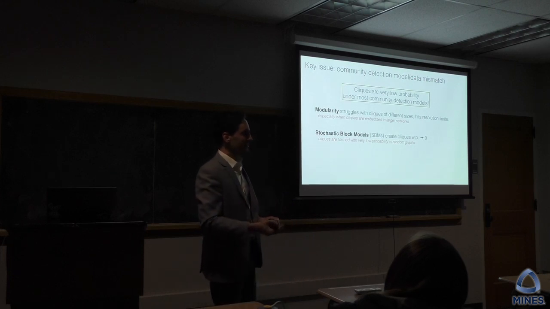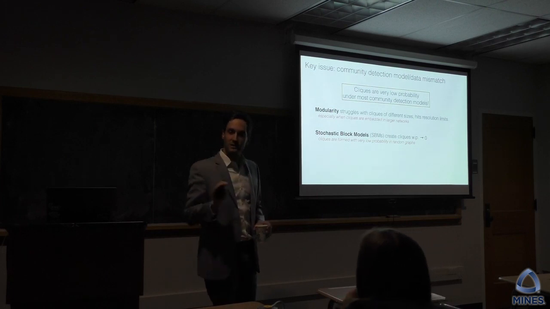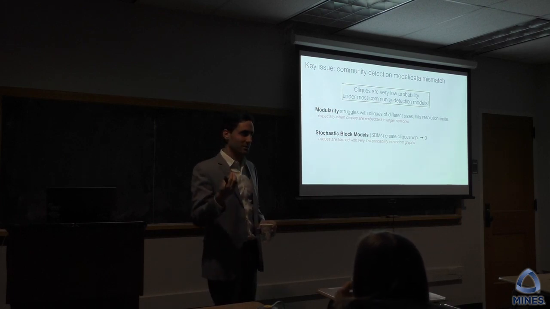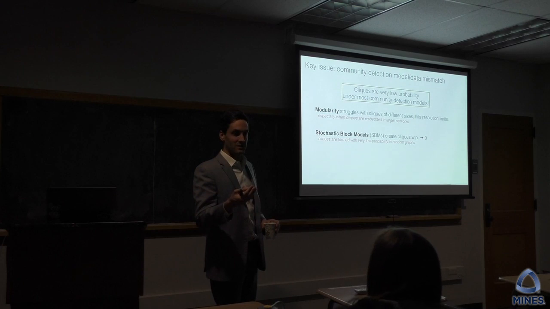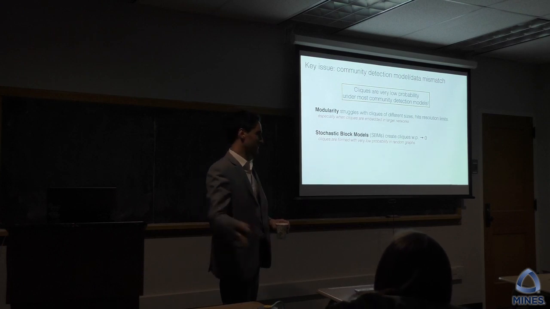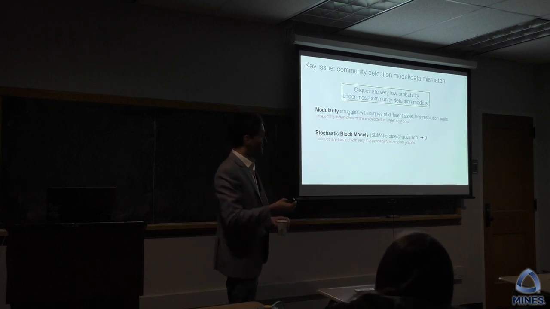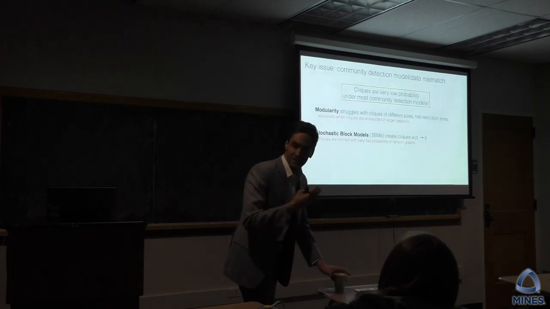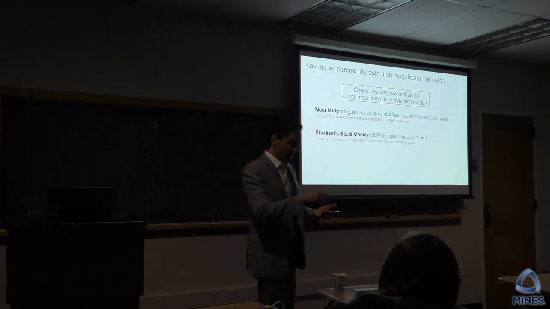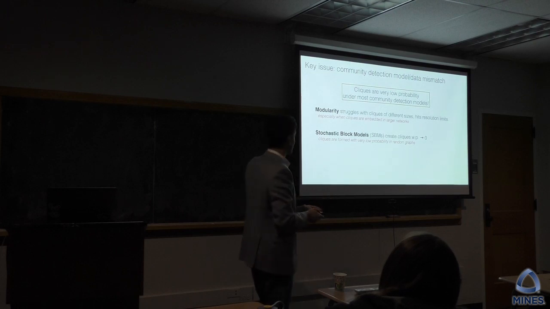So if you ask yourself, if I were given a network with no labels on it, how would I find community structure? You need some kind of mathematical model or some kind of Hamiltonian that you can just maximize over your system in order to find community structure, to partition the network into groups. But having those cliques in there really makes that a big struggle.